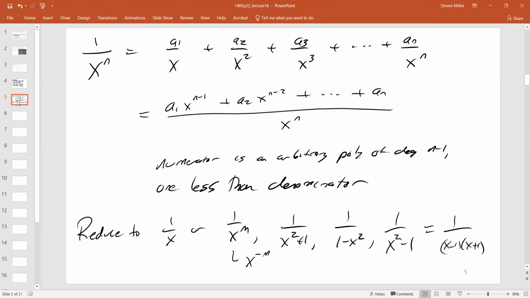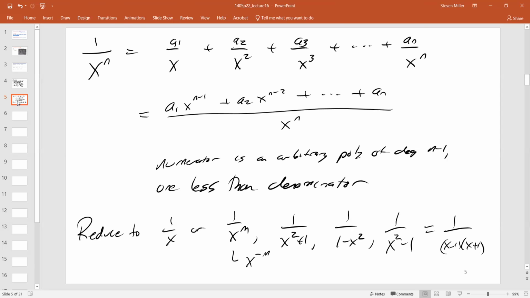So what function has derivative x to the negative m? Let's start with 1 over x. What function has derivative 1 over x? Okay, natural log of x. So if we have a 1 over x, we know it's natural log of x.